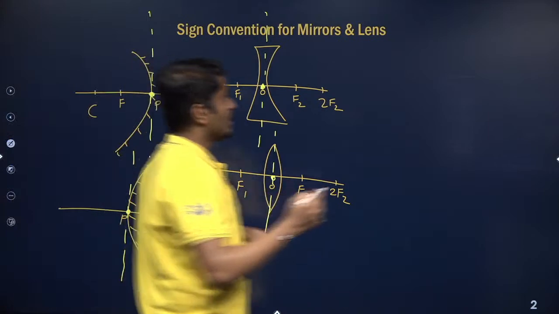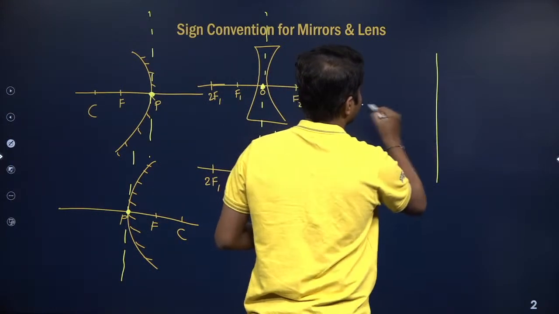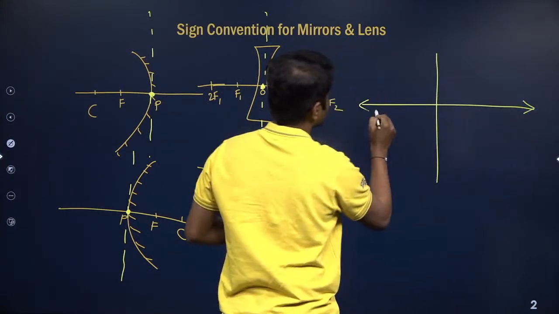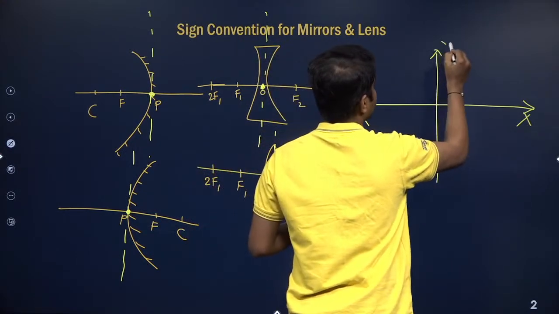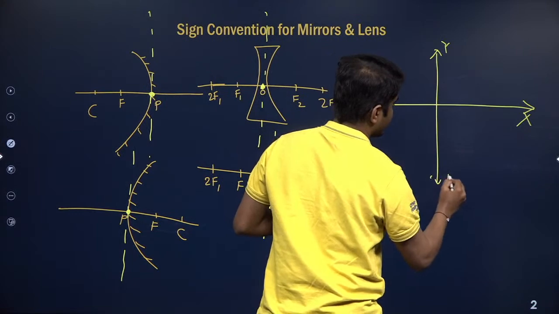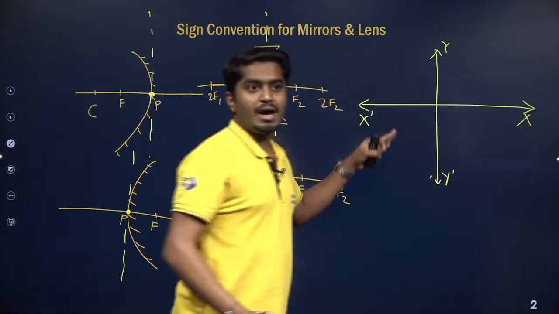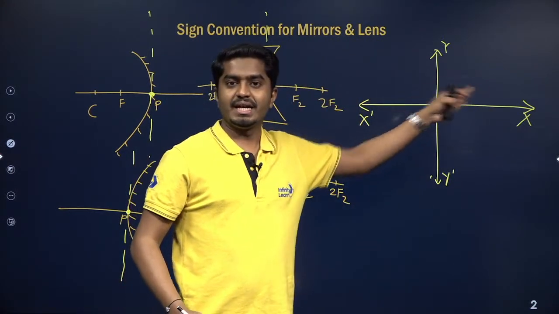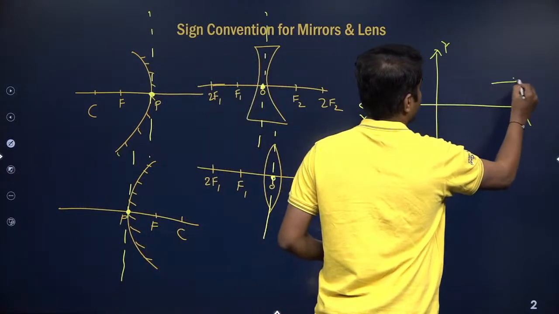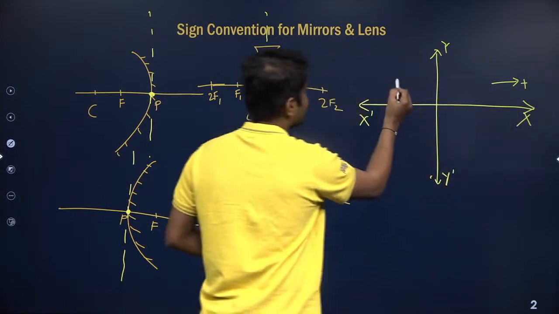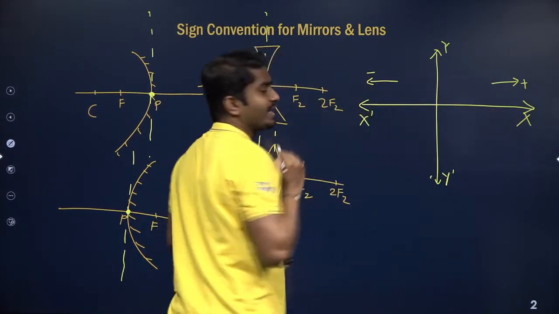This is the x prime and this is y prime, correct? Now if you measure anything on the right, that would be positive. If you measure anything on the left, it is negative.